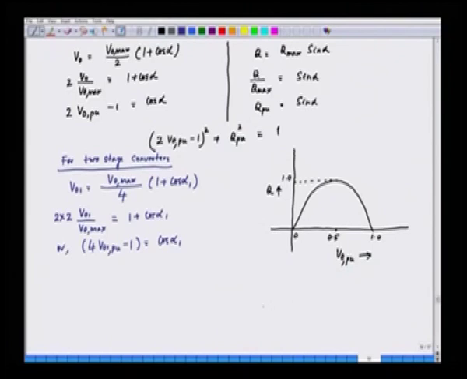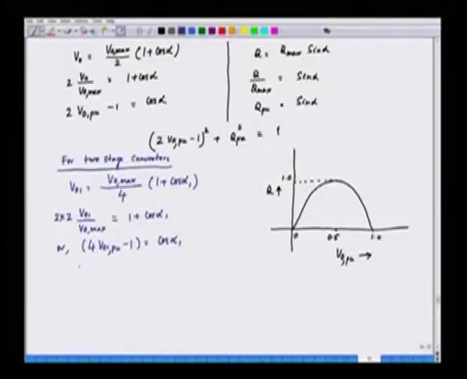In a similar way, we can also find out the expression for the reactive power. Reactive power here will also be reduced by half, because each converter is supplied with half the supply voltage Vs by 2. So, we can write down the expression for the reactive power as follows.